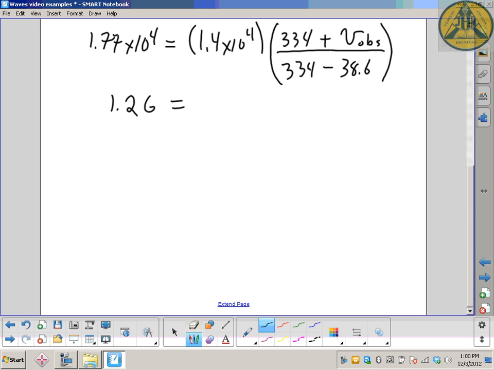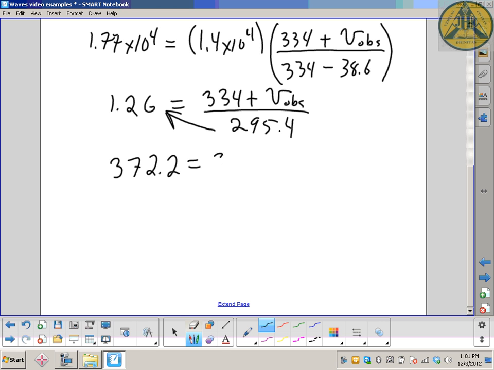So what I'm left with on the right is 334 plus the observer's velocity over, do that subtraction, 334 minus 38.6 equals 295.4. So the variable we're trying to solve for is in the numerator. It's stuck in the numerator. I'm going to multiply both sides by the 295.4, or cross multiply if you want to think of it that way.